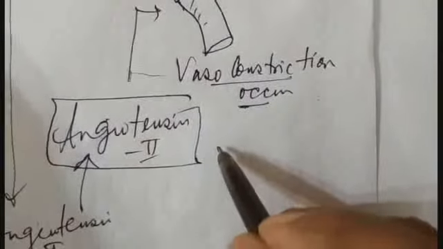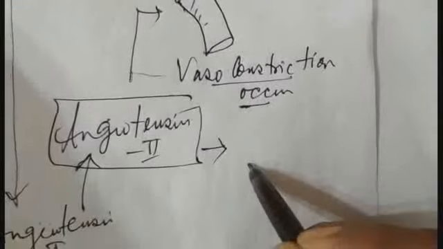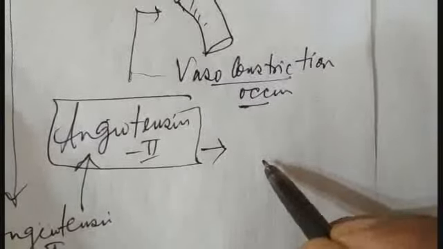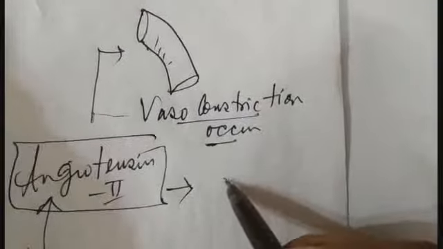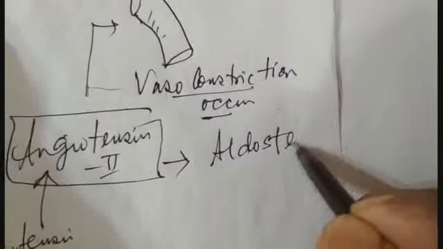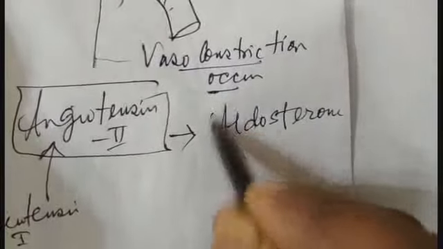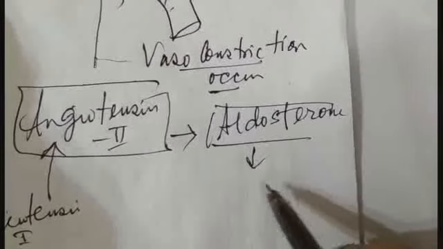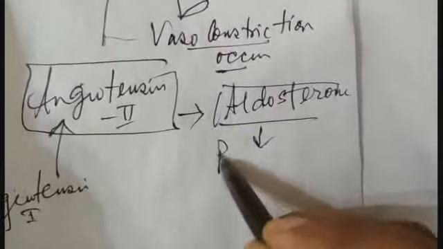Another work of angiotensin 2 is to produce aldosterone from the adrenal cortex.